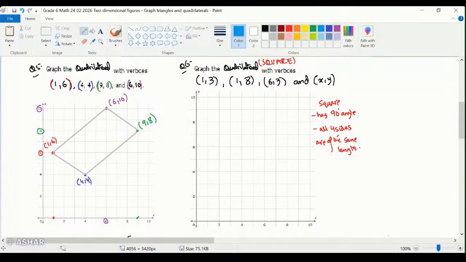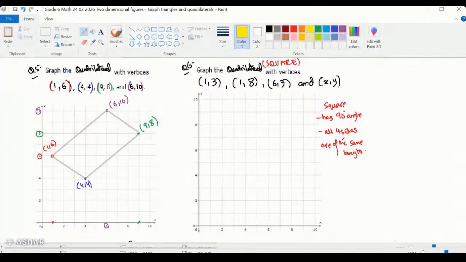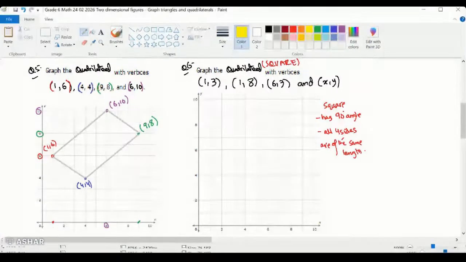Like question number 5, if the 4 points were given, we can directly plot the 4 points, right? Okay. But over here, what I'm trying to do is keep one value as a variable, right?